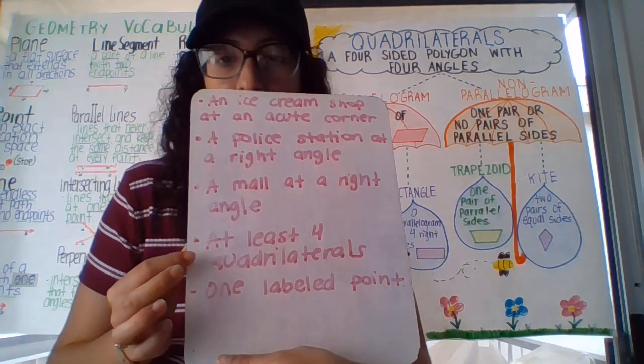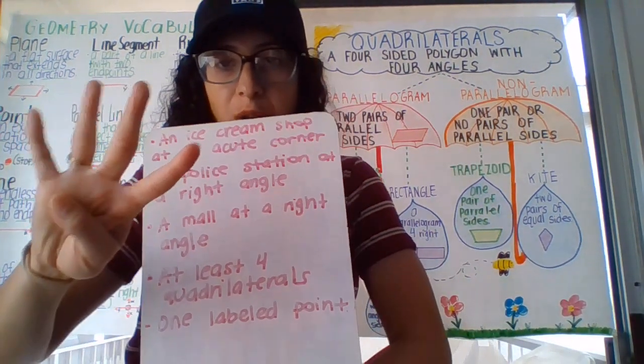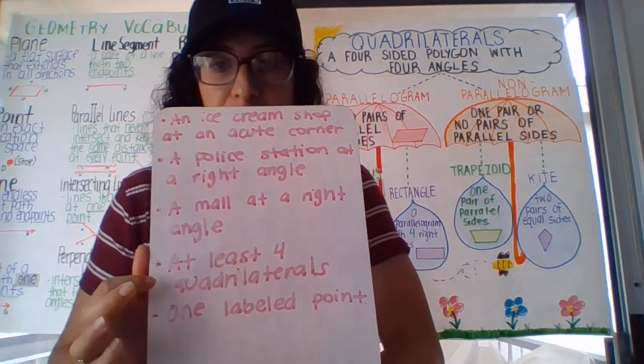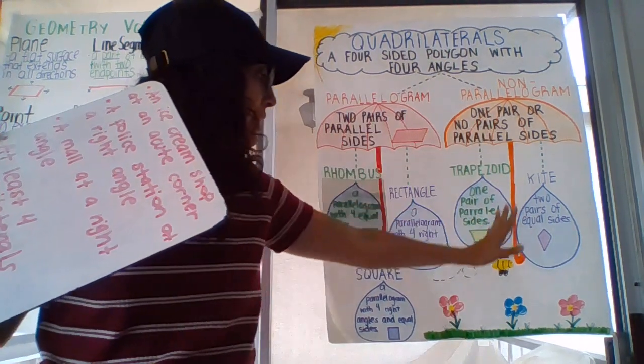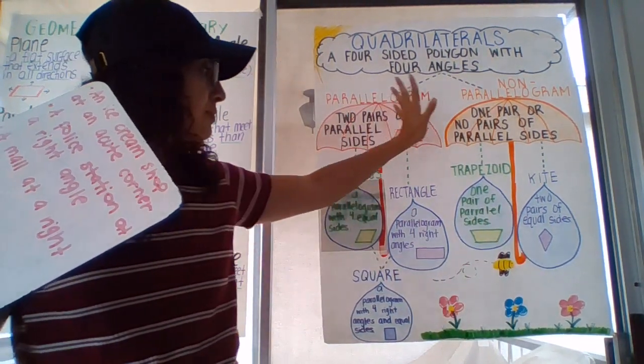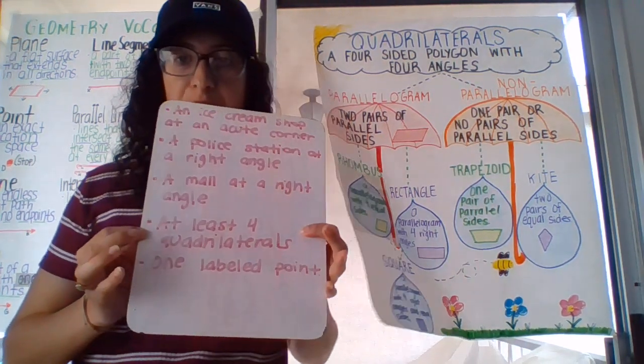Then you're going to need at least 4 quadrilaterals in your city. Remember, you can pick any of these to draw as your quadrilaterals.